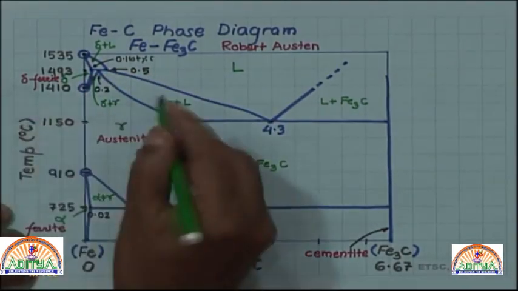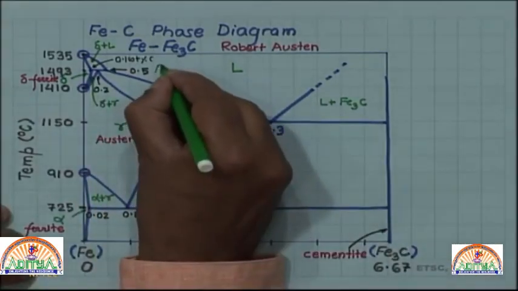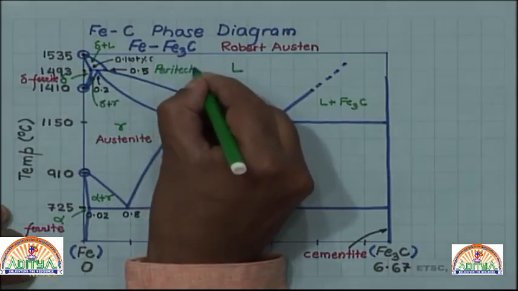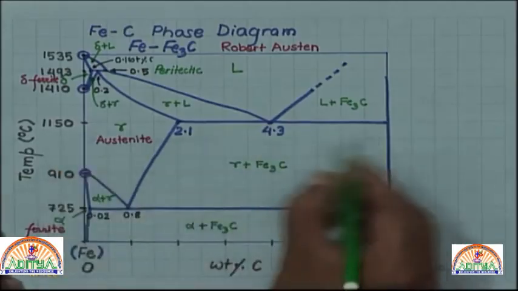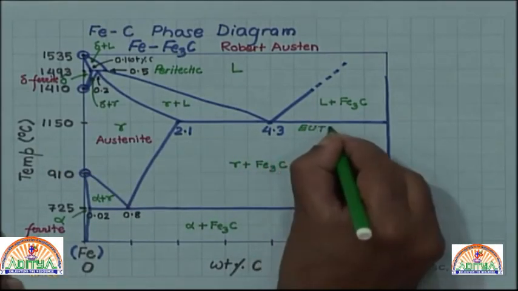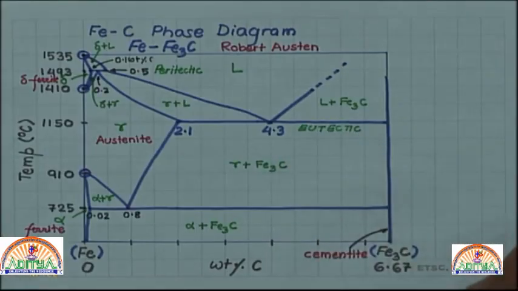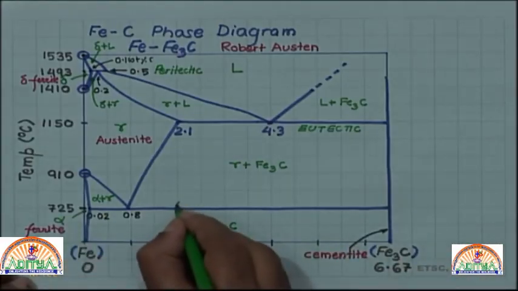The one happening at 1150 degrees Celsius is a eutectic reaction. And the one which happens at 725 degrees Celsius is eutectoid. Okay, eutectoid reaction. So let's write down these invariant reactions.